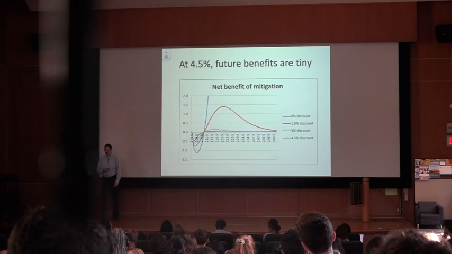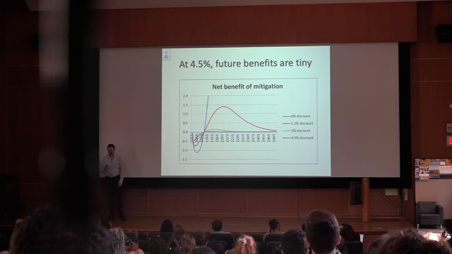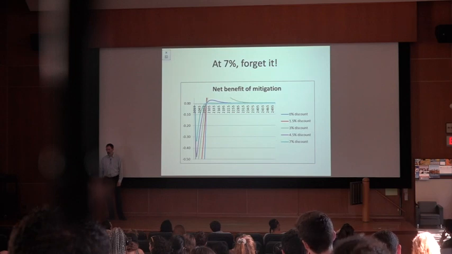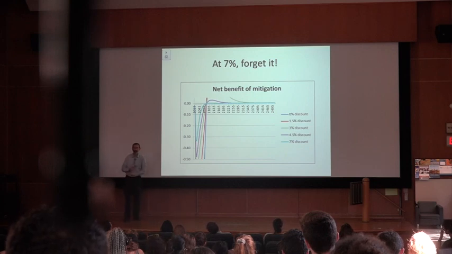But if we have a higher discount rate, then the benefits start to disappear. Already at 3% discount, the area below the curve here looks smaller than what we have here, right? And so the more you discount, the less the benefits in the future appear interesting. And if you go to 7%, then the benefits just completely disappear because what happens in one century essentially doesn't exist at all.